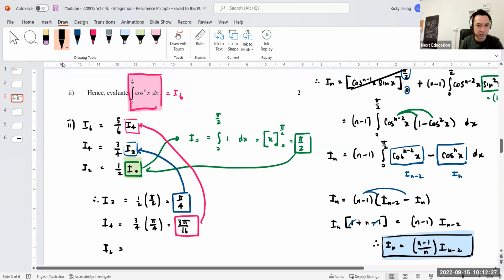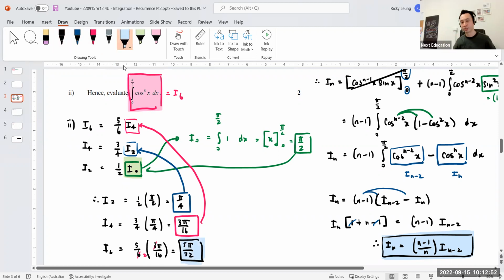Maybe not, 5 on 6 multiplied by, no, that's right. So 3 pi on 16. Sorry, I just had a quick look at the answer. It's because they simplified it. So that guy is 2, and so the answer is 5 pi on 32. Amazing. There you go. 2 marks.